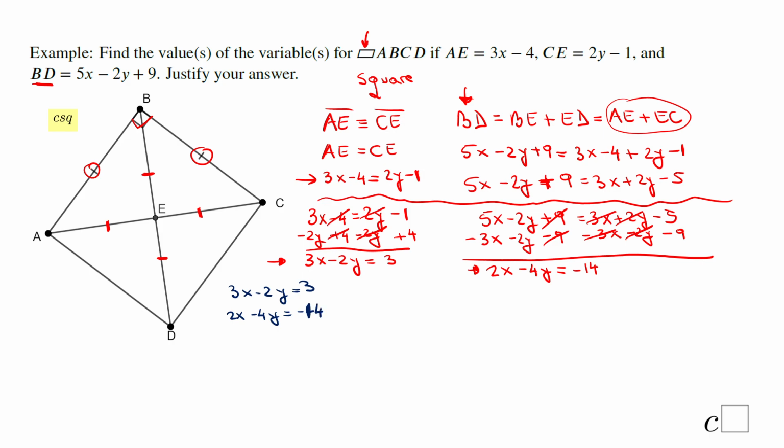There are different ways. I will personally multiply the first equation by 2. That's the easiest way in my opinion. And the first equation is gonna become 6x minus 4y equals 6. The second equation stays the same, and in fact I should have multiplied by negative 2, and then we have negative 6x plus 4y, and on the other side negative 6.